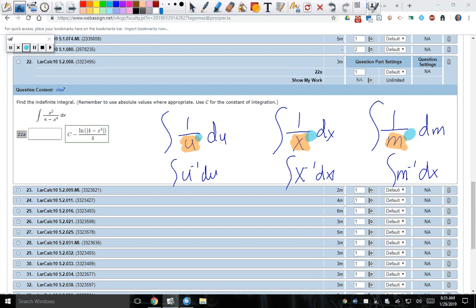And when I integrate, remember, I'm going to add 1 to this power. So it becomes u to the 0 over 0. And this is undefined. We can't do that. Okay? So the rule is, when we get this error, whatever we had down here, it's going to equal the natural log of the absolute value of whatever that was. Like right here.